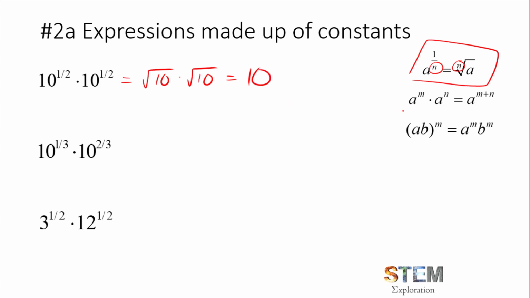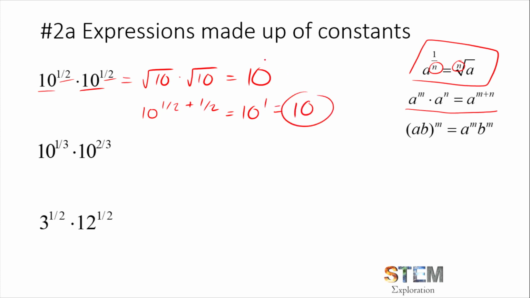Another way that we can look at that circumstance is that both of these have the same value taken to the same power. So if we look at it in terms of this format, this is equal to 10 to the 1/2 power plus 1/2 power, and 1/2 plus 1/2 is 1, and 10 to the 1st power is simply 10.